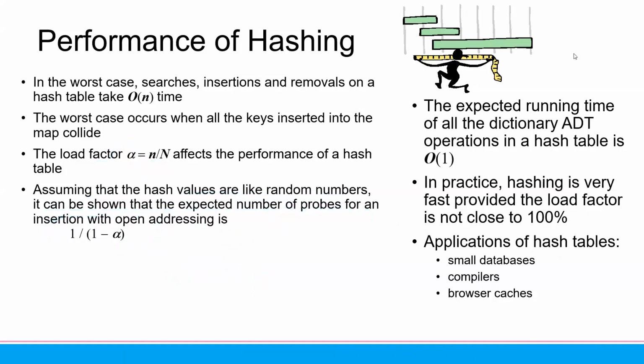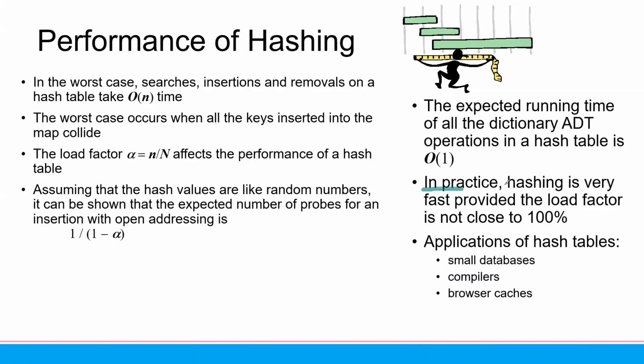The expected running time of all the dictionary ADT operations in a hash table is O(1). This is the expected time, because we want to make the performance very quick. But it depends on the load factor, on the number of data, and also on the size of the array that you provide.